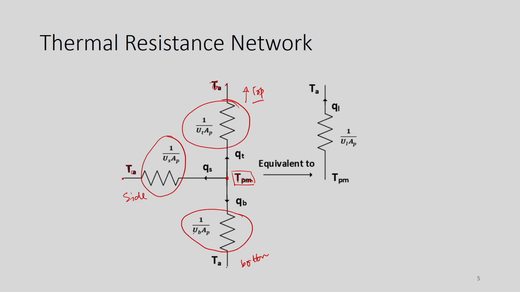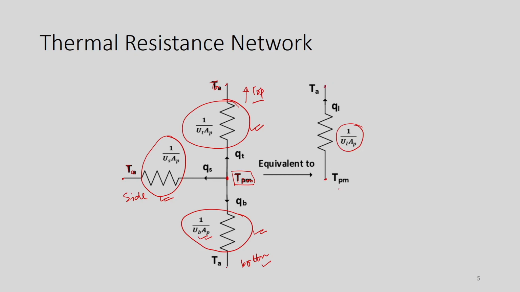This component is the thermal resistance for when heat is transferring from this plate to the bottom. This kind of resistance is offered, and here you can say the side, and this is along the top. Also, we can make an equivalent resistance diagram. If we combine these three components, it will be something like this.